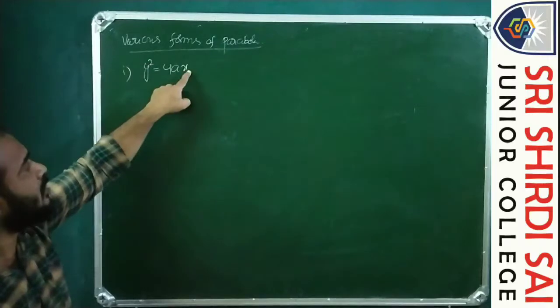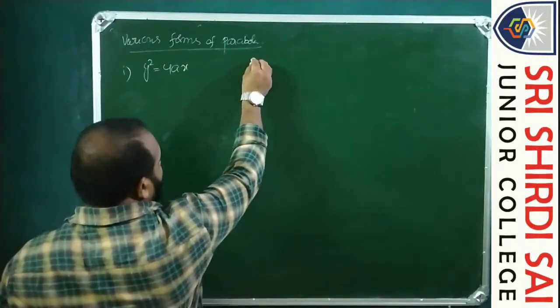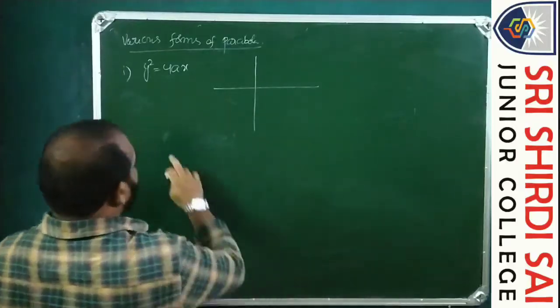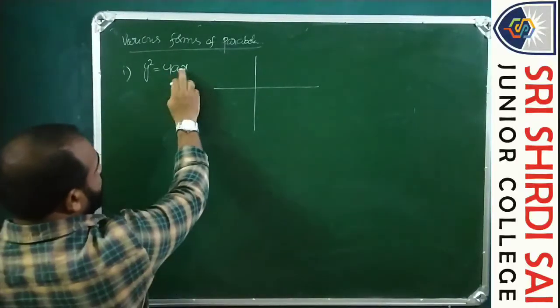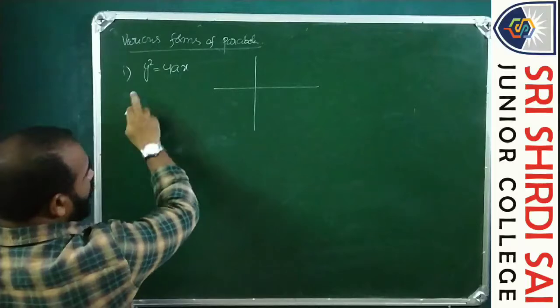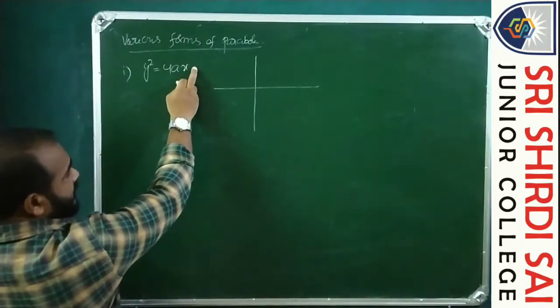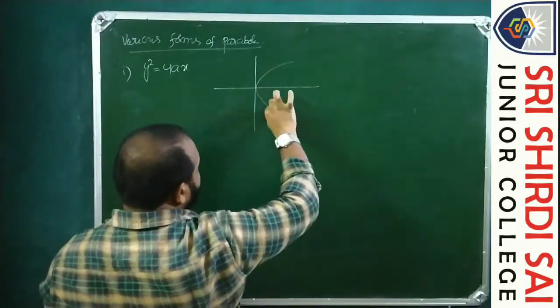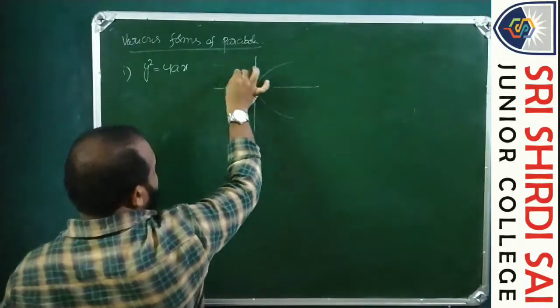Which x-axis? Positive x-axis. Therefore, the diagram of this would be like this. Symmetric about the x-axis in the sense it could be this or this.